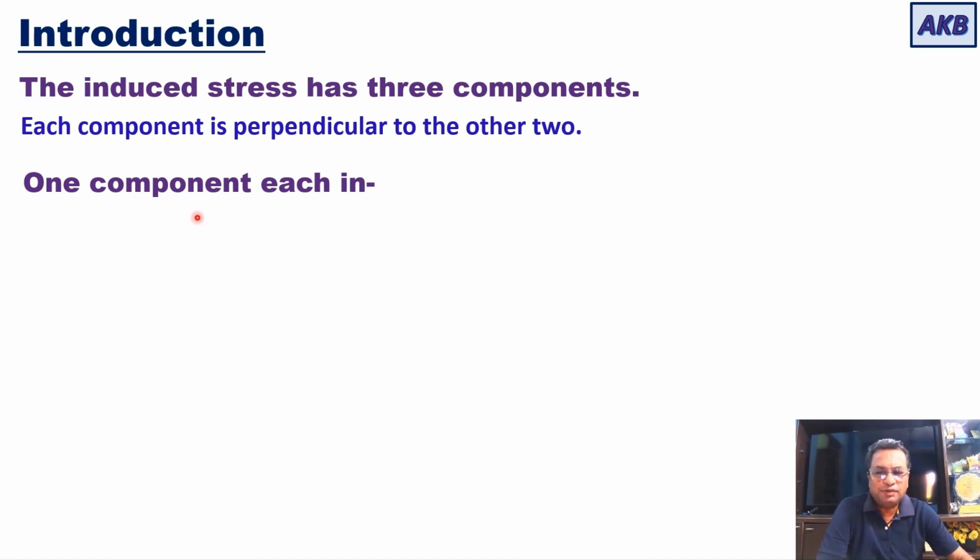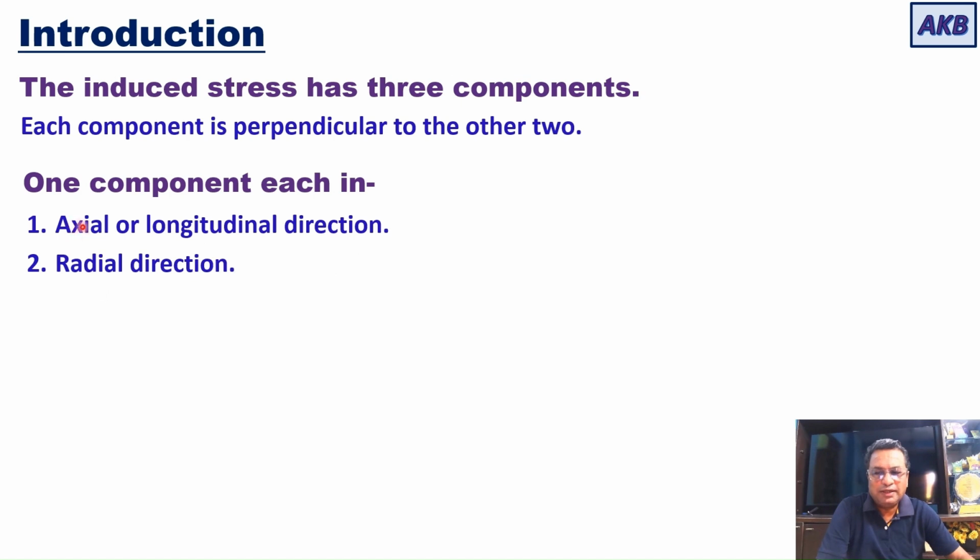Which are these three components? One component is in the axial or longitudinal direction, one in the radial direction, and the third component is in the tangential or circumferential direction.